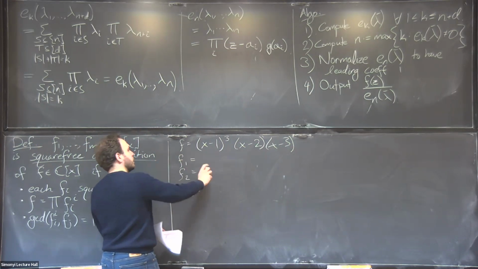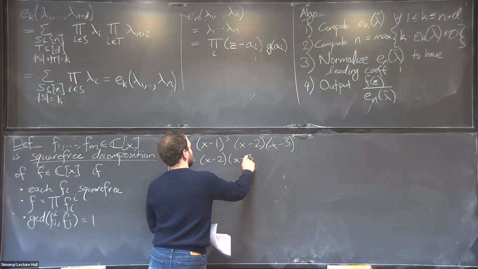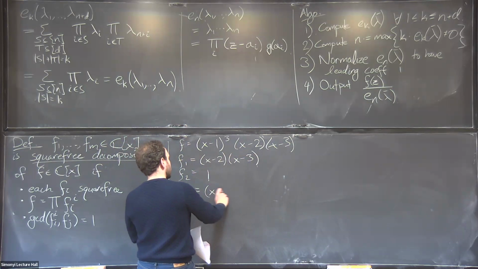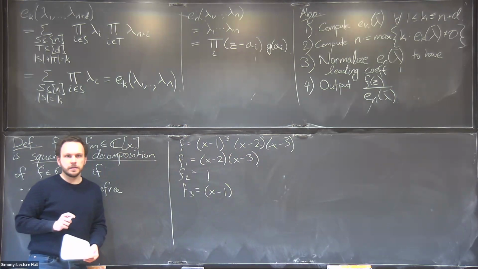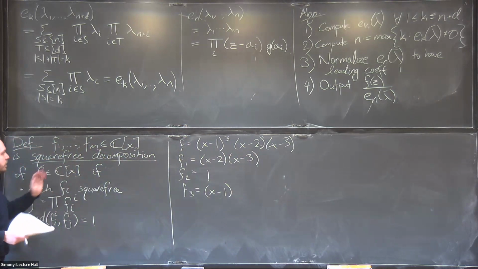Well, there are two factors that appear with multiplicity 1, no factors that appear with multiplicity 2, and there's one factor that appears with multiplicity 3. Right? So this is something like a partial factorization of f.